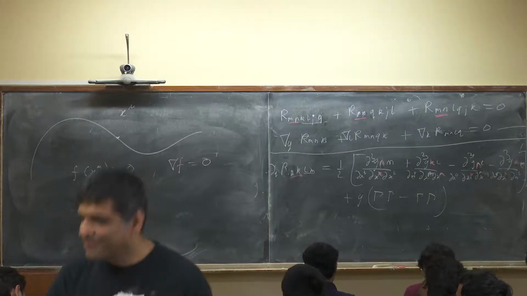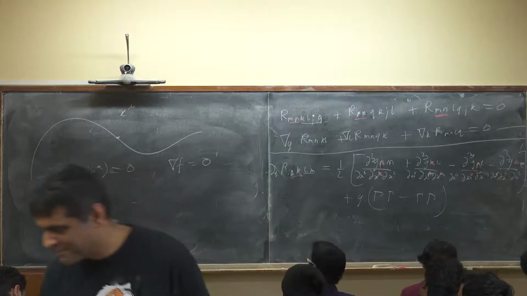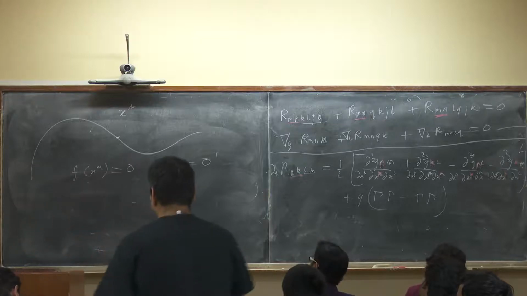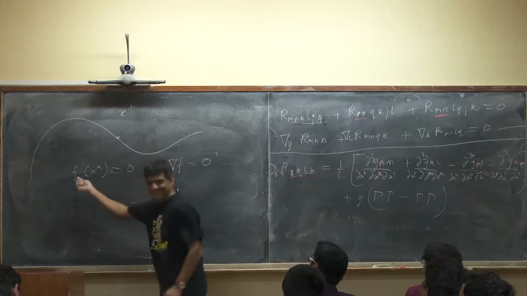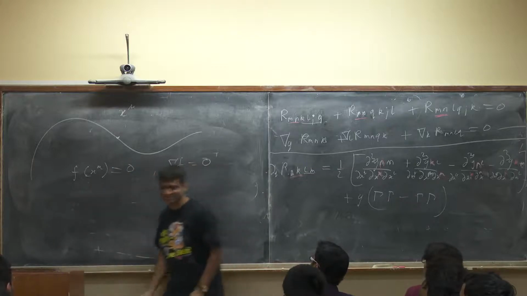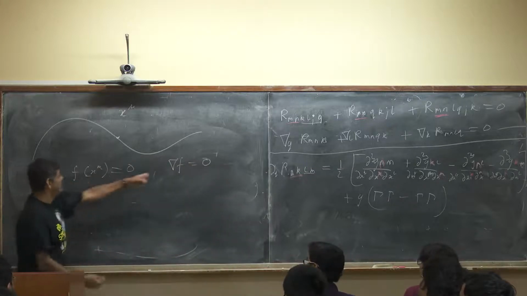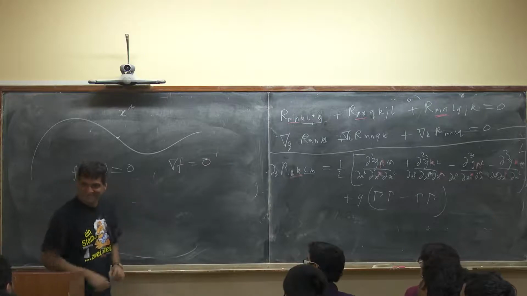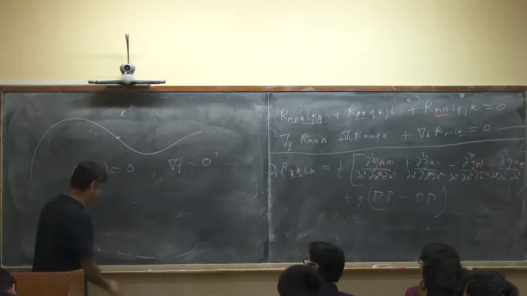That where f is equal to 0, del f is not also equal to 0. In order for this to be a good definition, that's what a mathematician would say. If that happened, then you would have these kinds of singularities. Okay, fine.